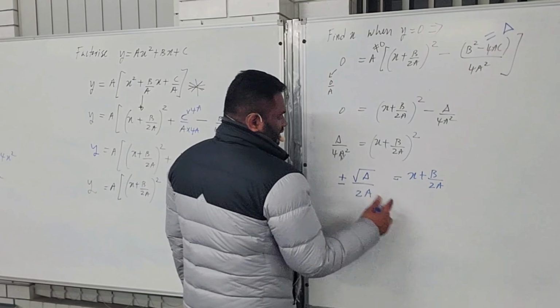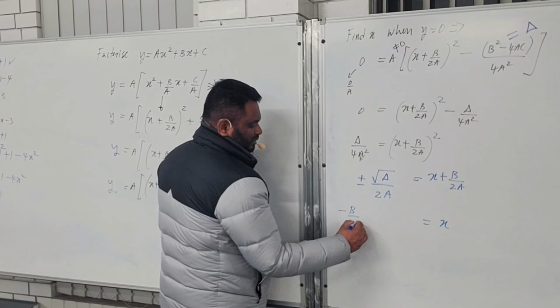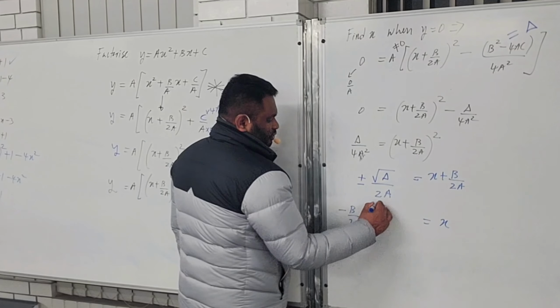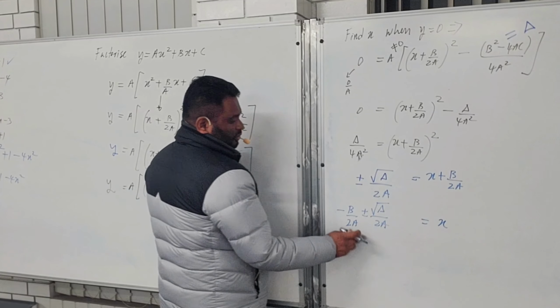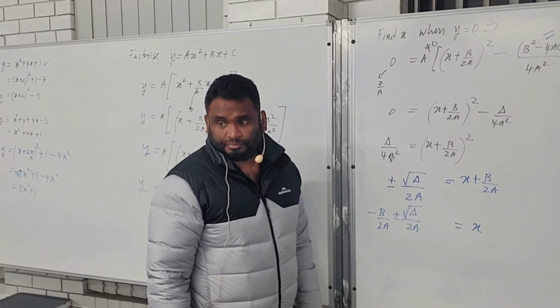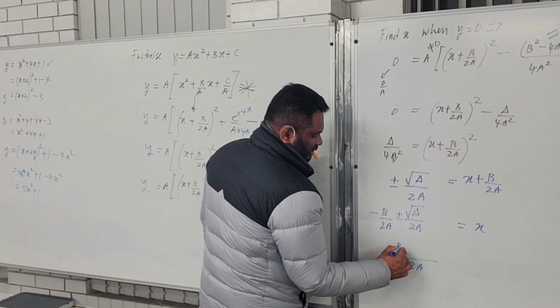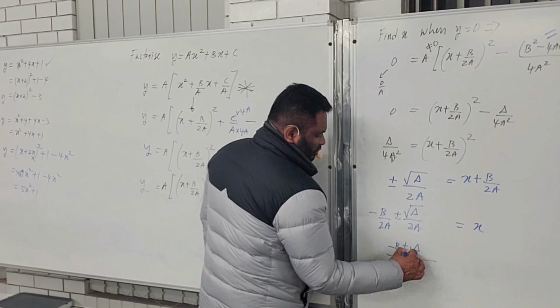So you bring this one to the other side. So when you do that, x is equal to minus b divided by 2a plus or minus square root of delta divided by 2a. Now you can see automatically common denominator is set. So you can write minus b plus or minus square root of delta, over 2a.